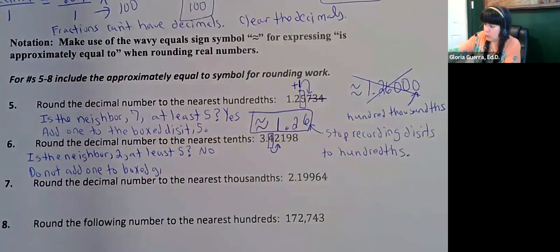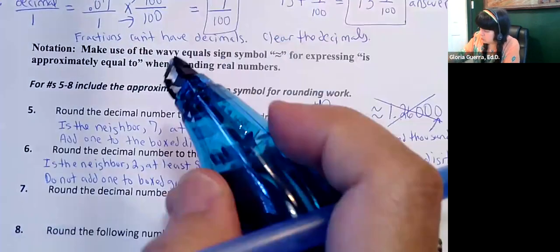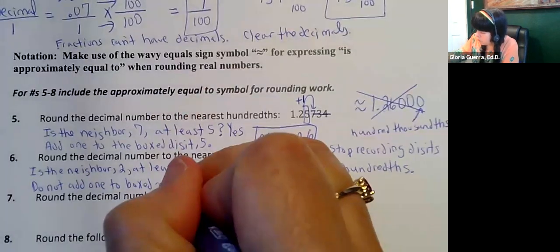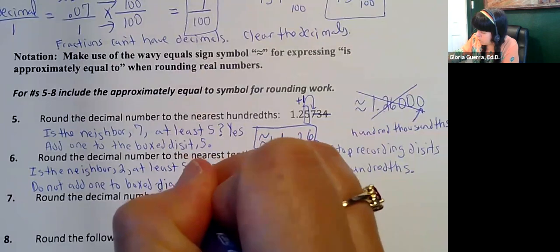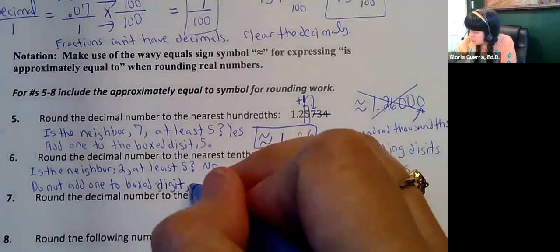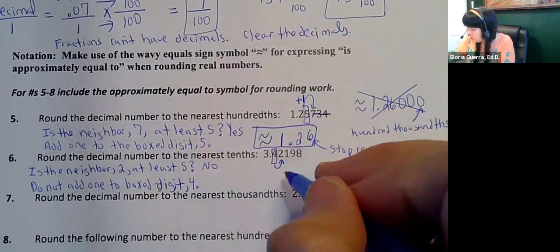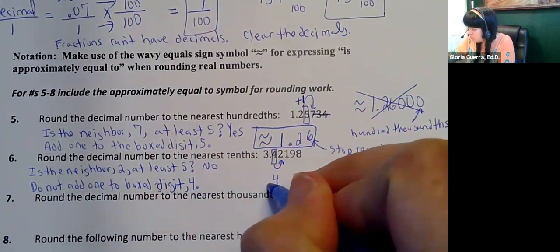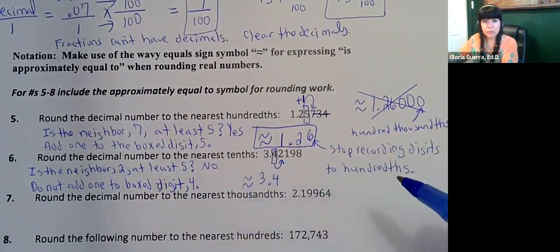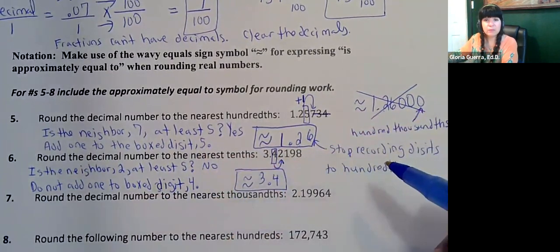Do not add 1 to the box digit 4. That means that the 4 will stay the same, and then decimal, and then 3, approximately equal to 3.4.